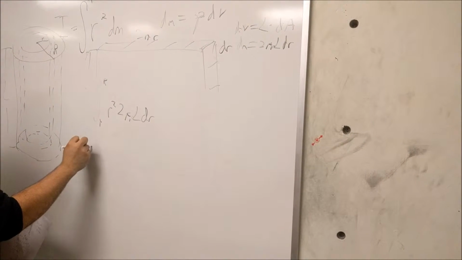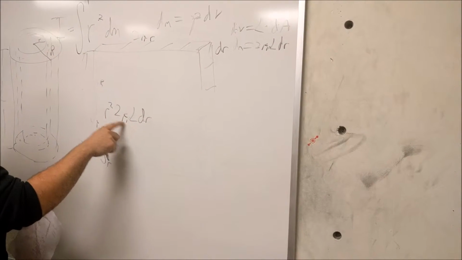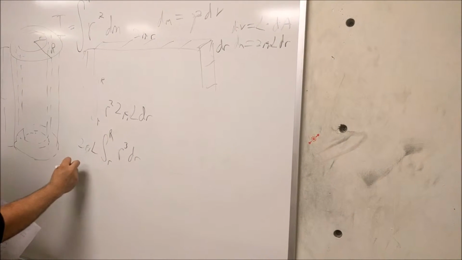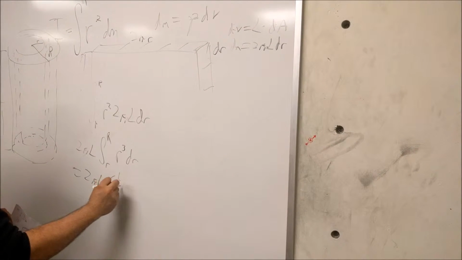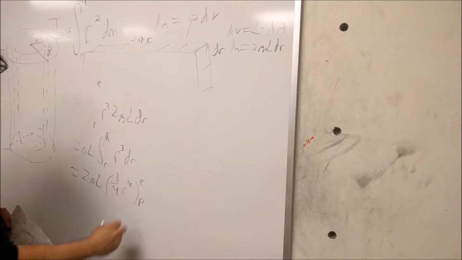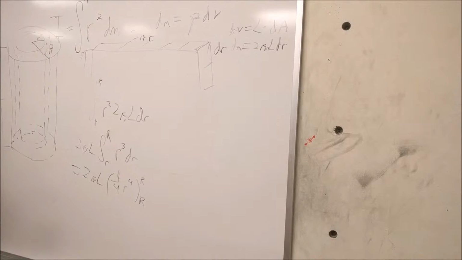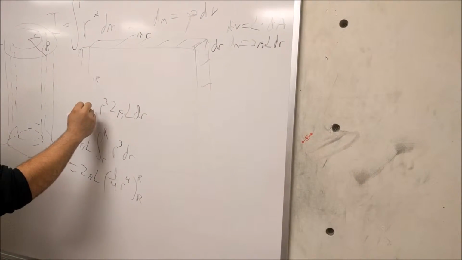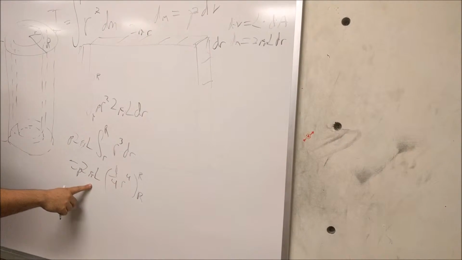So we're going to have rho 2 pi L integral from little r to big R of r times r squared, which is r cubed, dr. And the integral of this would be 1/4 r to the 4th, from little r to big R. Okay?